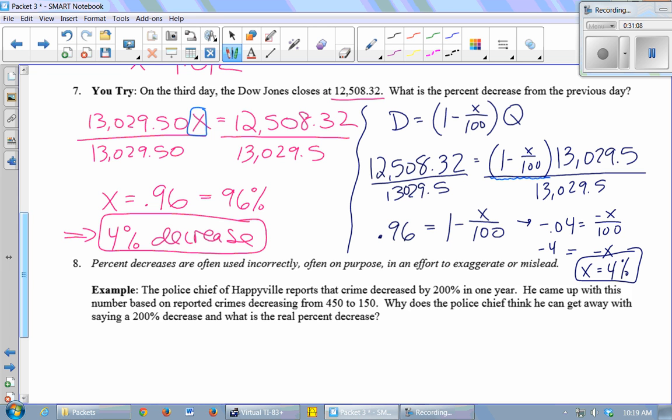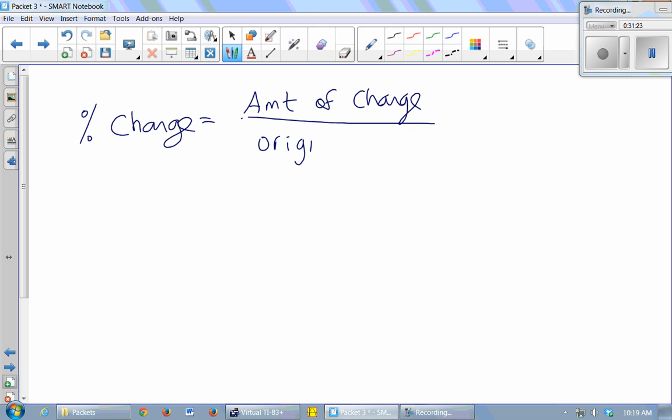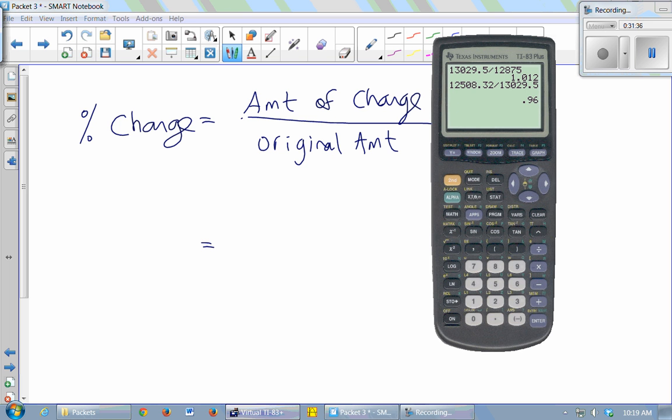Another thing you can do, since we're talking about approaches, is we can say, well, percent change is amount of change compared to the original amount. So if you prefer words to formulas, you can use this one. How much the Dow changed is a subtraction problem, right? So I would say 13,029.5 minus 12,508.32.